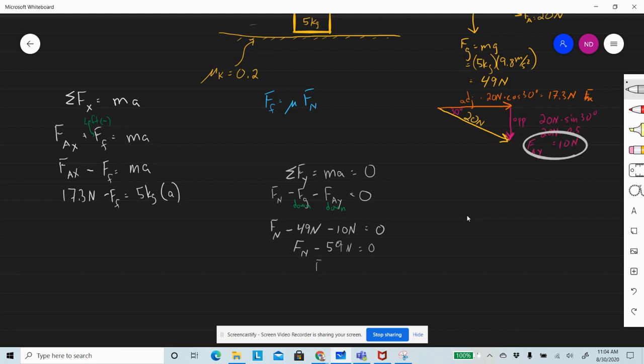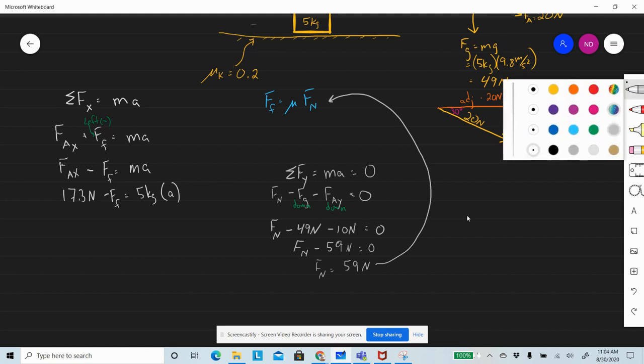So the normal force is 59 newtons. That's going to become really important. Remember, if we want to figure out the force of friction, we need the normal force.